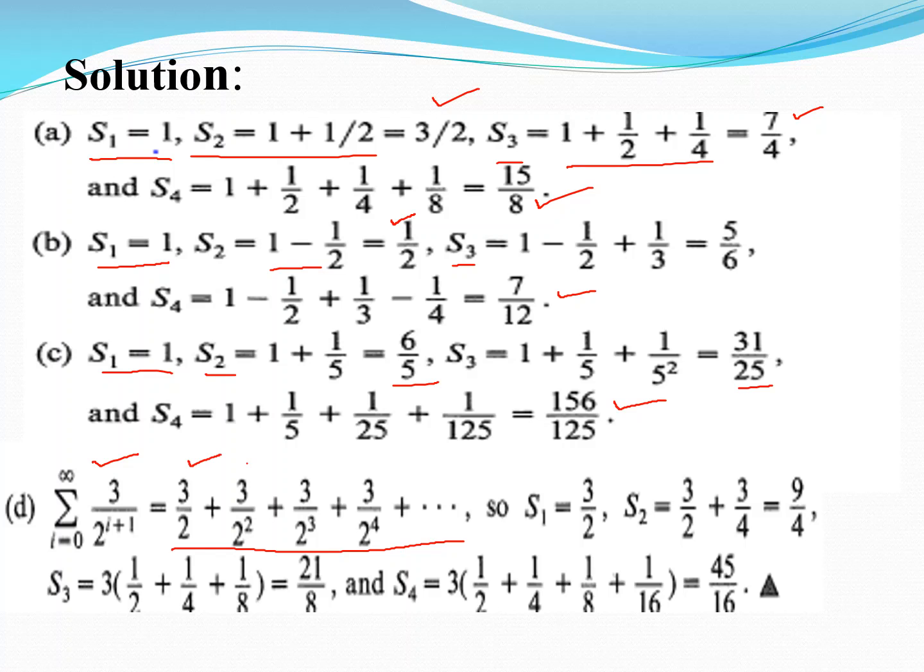For i equal to 1, we obtain this term. For i equal to 2, we obtain this term, and so on. So now it's easy to compute the partial sums, and we can calculate S1, S2, S3 and S4. It's not difficult to find the partial sum.